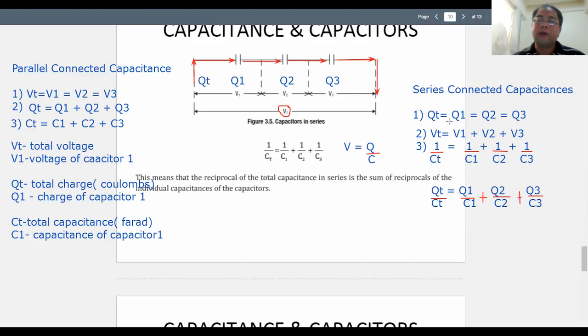Now from equation 1, however, we realize that the Q's are simply equivalent to each other. So again, by algebra, we can factor it out.